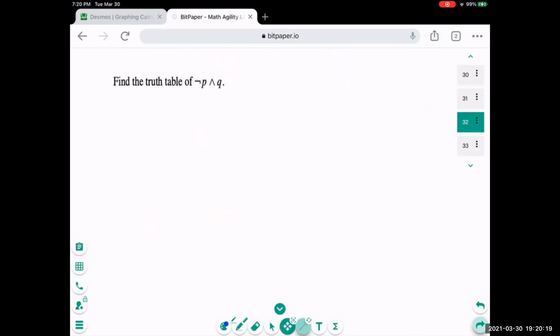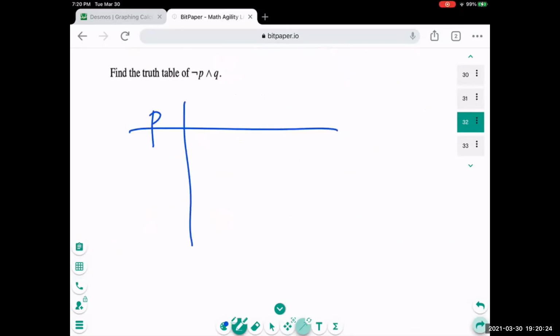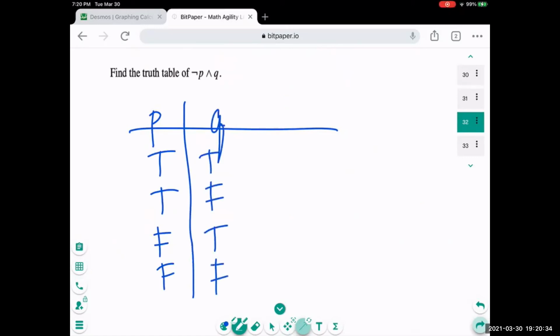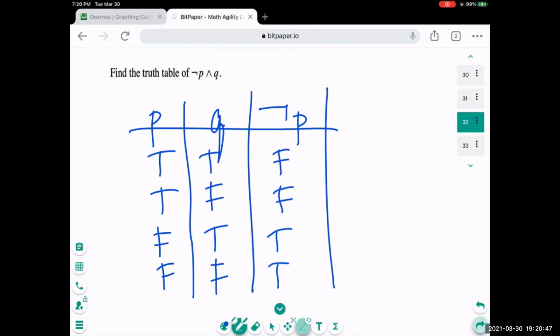Drawing lang natin yung P. Gawa tayo ng table ng P which is true, true, false, false. And then yung Q natin, which is true, false, true, false. Then kunin natin yung negation ng P, which is not P. So yung true would be false and yung false would be true. And then kunin na natin yung conjunction ng not P and Q.